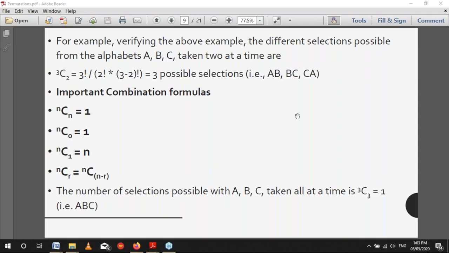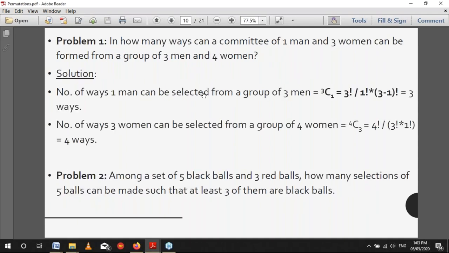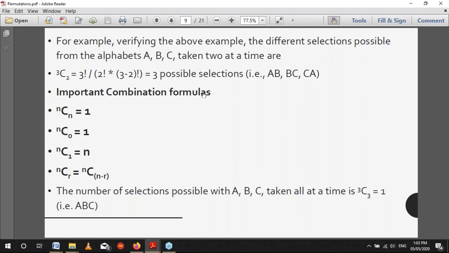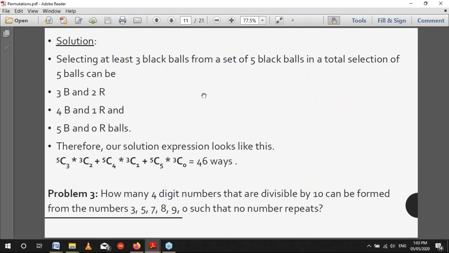So we can express our solution as 5C3 multiplied by 3C2, plus 5C4 multiplied by 3C1, plus 5C5 multiplied by 3C0, and this gives us 46 ways in which we can pick at least 3 black balls. So this is exactly what we were able to get.